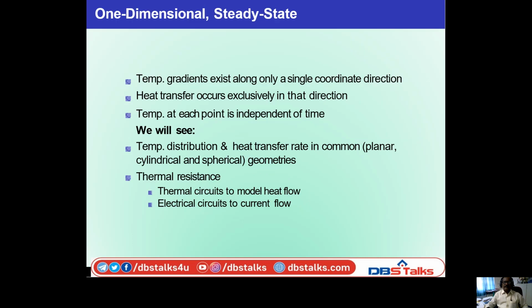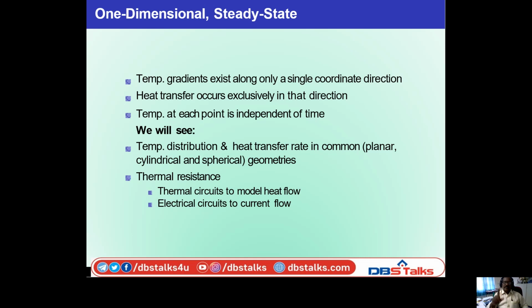In one-dimensional steady state, we simplify to understand the heat transfer. Heat transfer is a very complex problem, so to simplify it we assume that heat is transferred in only one dimension, and that too at steady state. Then we can understand the heat transfer and formulate the equations very easily.